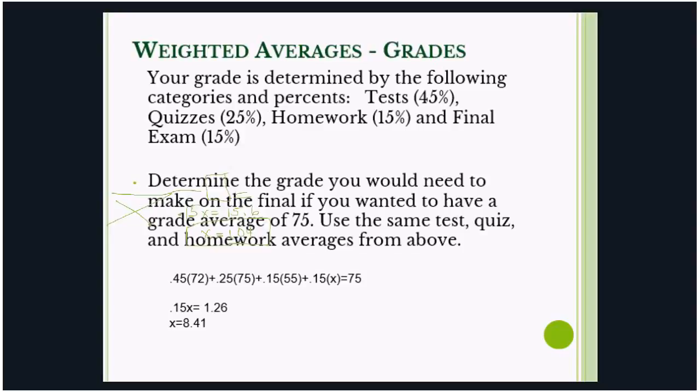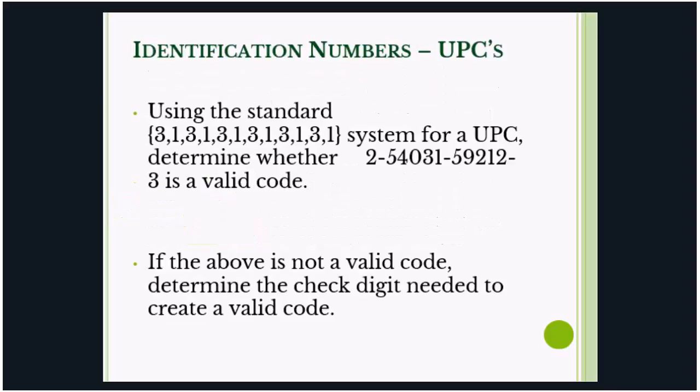All right, next is your identification numbers and telling if something is valid or not using a UPC and also on the credit card problems. Here it says you're going to use a 313131. Here's your code. It says if it is not valid, determine the check digit. So first of all, you're going to take 3 times all of the odd placement values.